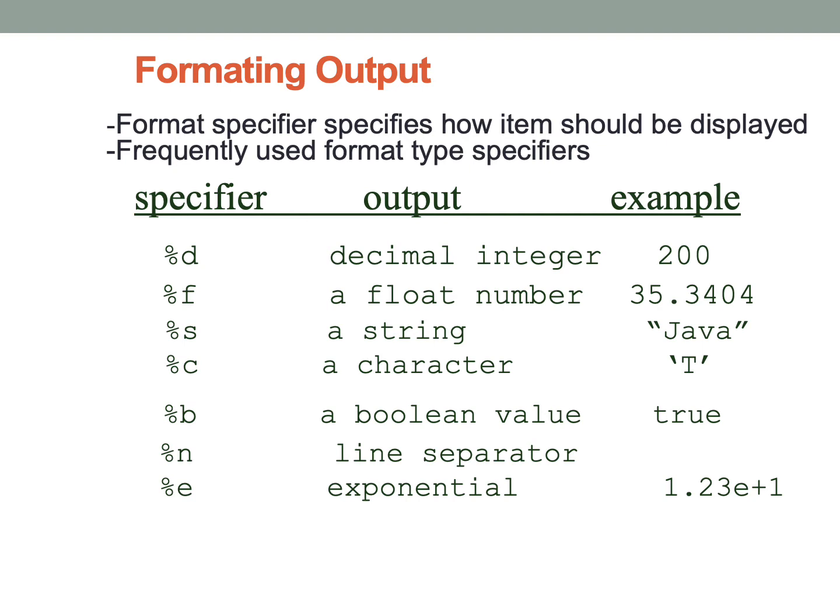If we have a string, for example the word Java within the double quotes, we would use %s. %c is for character, just one letter, for example T, and then a boolean value, %b, which has the value true or false. And then we have %n, which is for line separator, and %e for exponential.